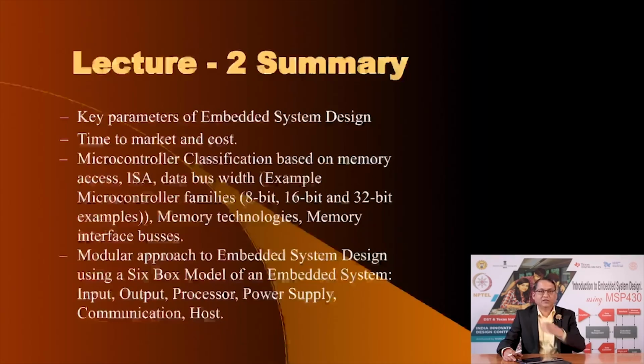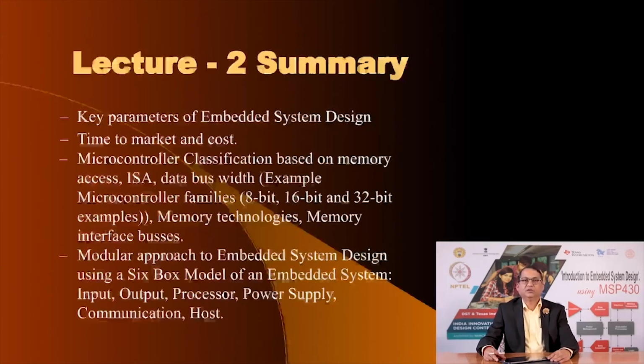Then we have seen the classification of microcontrollers based on the way it talks to memory, the number of bits available, and the instruction set architecture. And we have been introduced to the idea of visualizing an embedded system through 6 blocks, and we will go into further detail on each of these blocks in subsequent lectures.